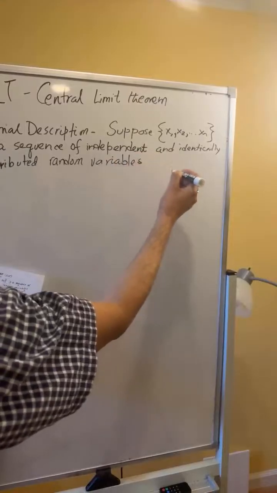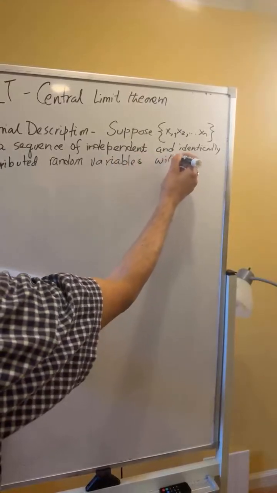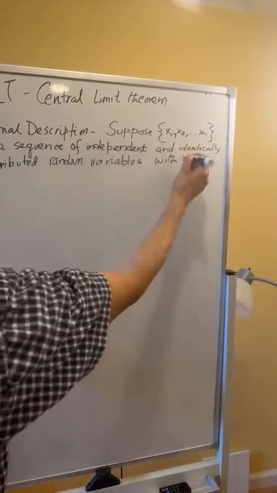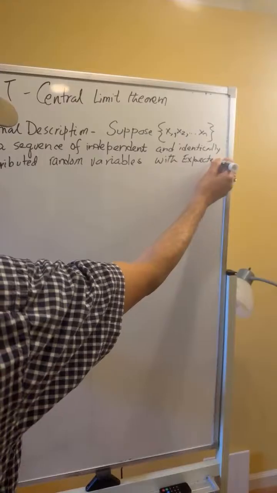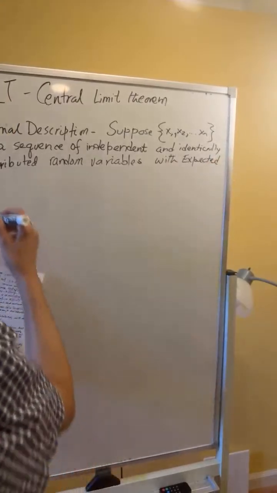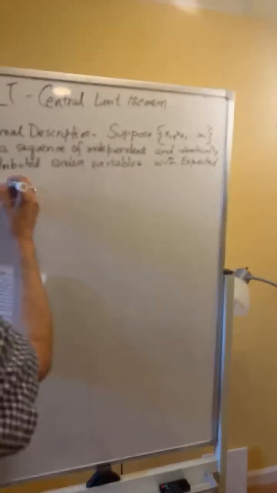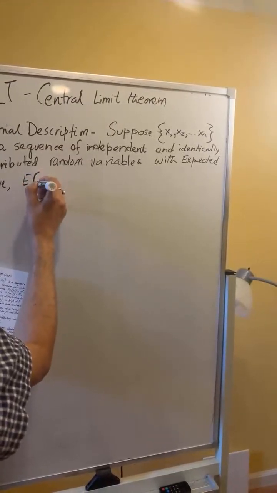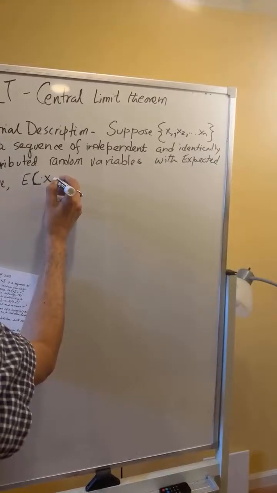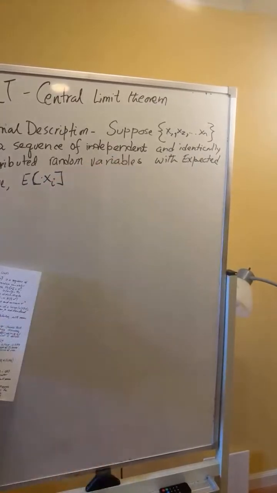Random variables with expected value. Now expected value means mean, the center of the distribution, with expected value E of Xi, where i is 1 through n.